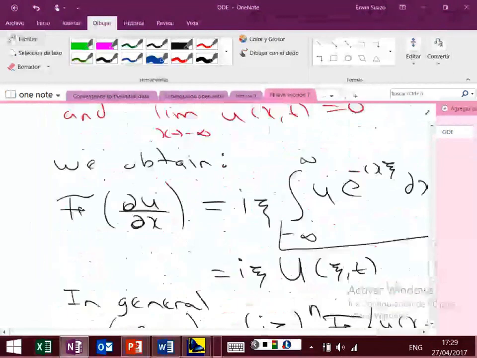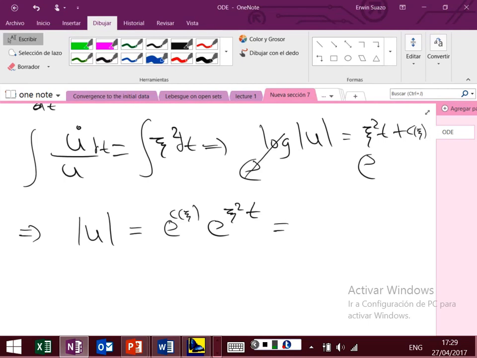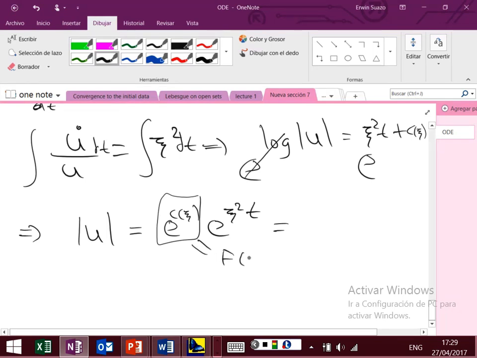So this is another constant. I'm just going to call this f of theta, after I combine the absolute value with this constant, so I can just write u hat equals f of theta, a constant, times e to the minus theta squared t.